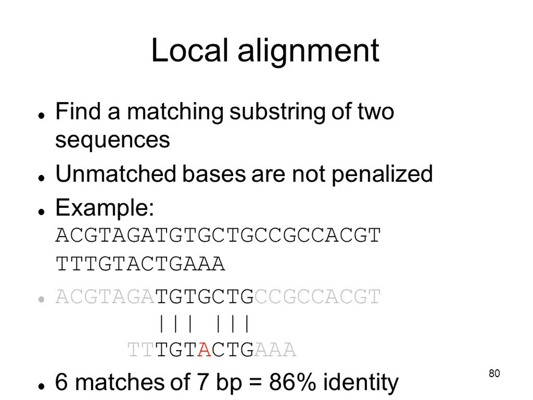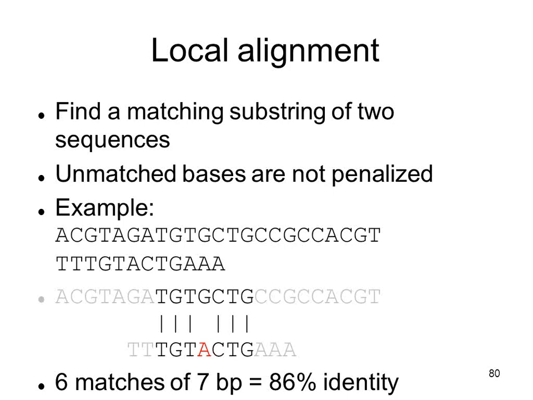On the other hand, you might have a local alignment. Local alignment is usually better if you have sequences that vary greatly in terms of length. The idea is to take a short sequence and align it against a long sequence and vice versa. With a local alignment, you want to look for a matched substring of two sequences. Unmatched bases are not penalized in a local sequence alignment.